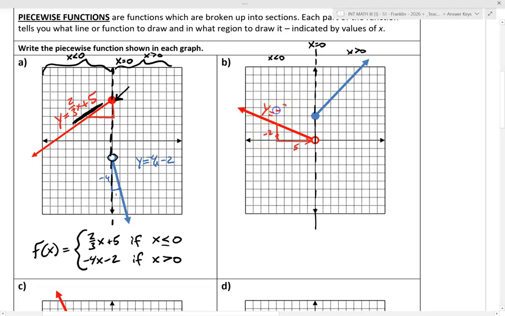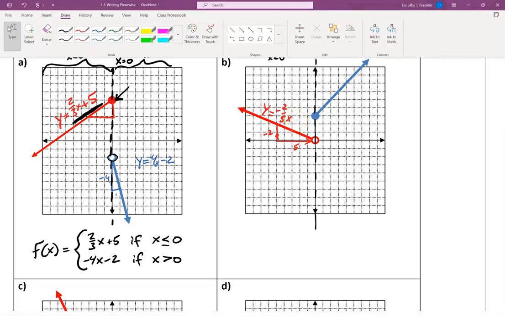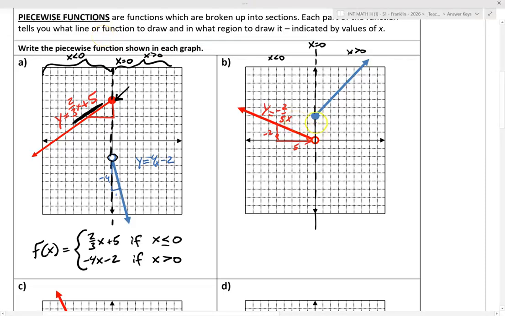So our equation is -2/5 x and then plus 0, but you don't have to write the plus 0. So we can leave it like that. And then for the blue line, it starts at 3, and it looks like it just has a slope of 1, up 1 over 1. That's y equals 1x plus 3.